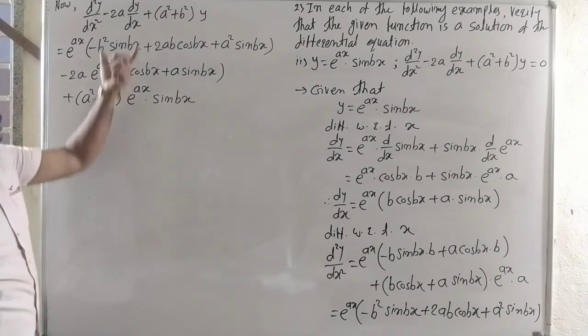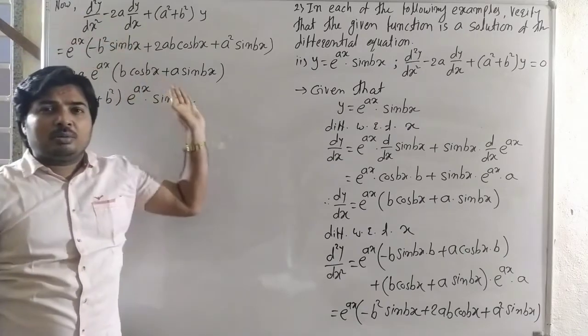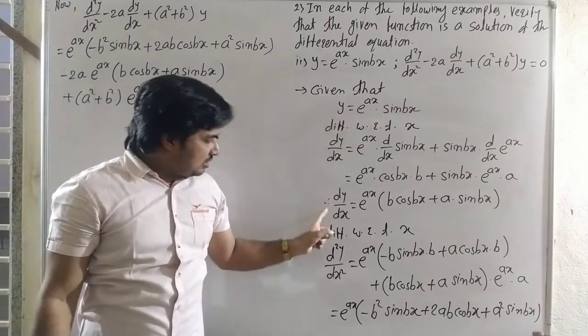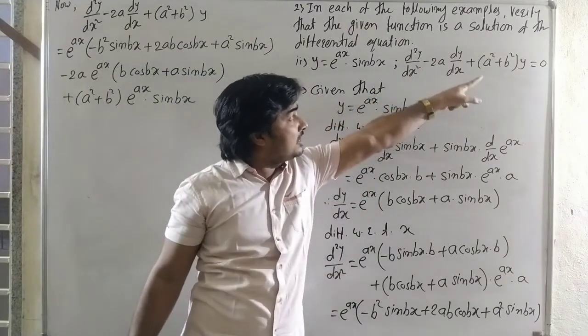Here in this step we put only the values of d2y by dx2, dy by dx and y.